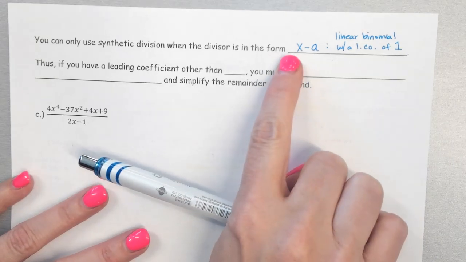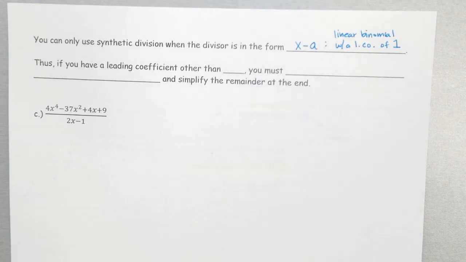So this can't even be like 2x plus 1. It would have to be an x value with a leading coefficient of 1. If you have something other than 1, we can manipulate the equation a little bit, which I am going to show you how to do.